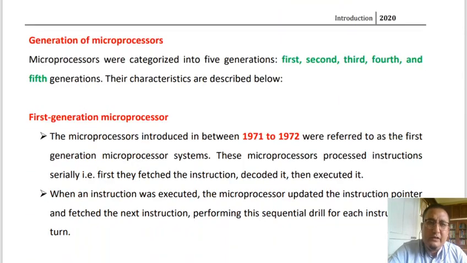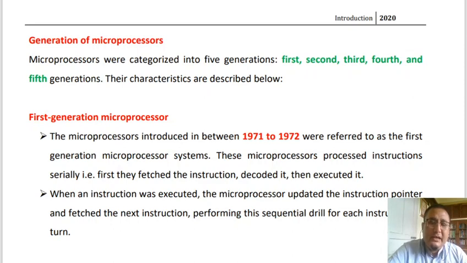Now, depending upon the evolution, microprocessors are basically categorized into five different categories, namely first generation, second generation, third, fourth, and fifth generation microprocessors. To start with, the microprocessors that were introduced between the years 1971 and 1972 are referred to as first generation microprocessors, wherein the instructions were executed one after the other in a sequential manner.